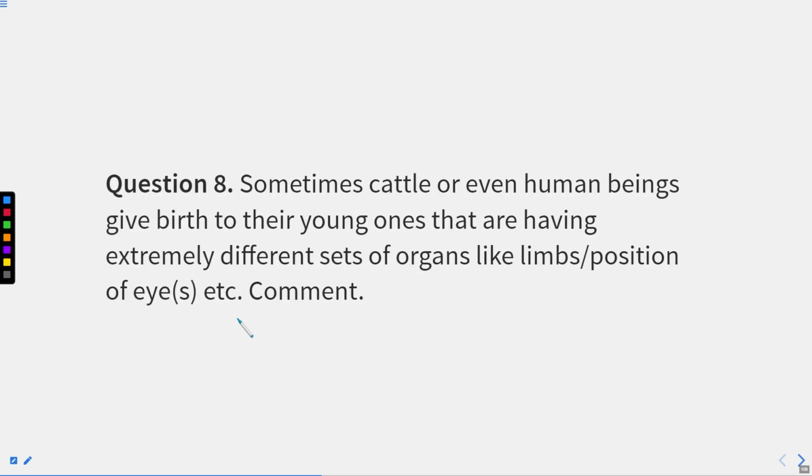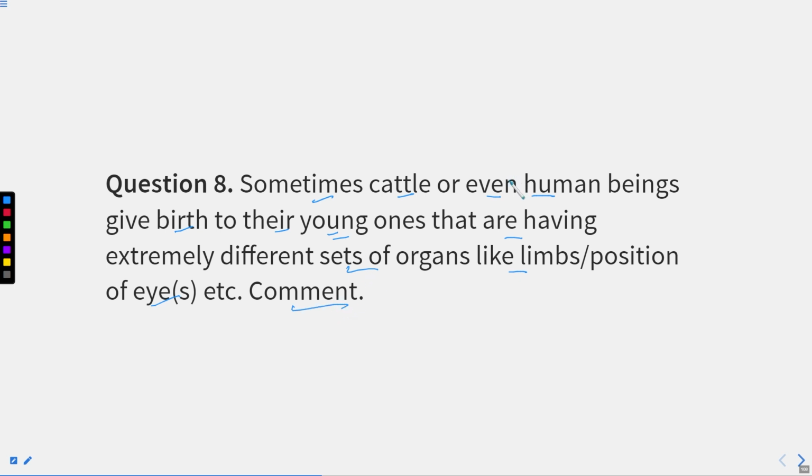Now coming to question number 8. Sometimes cattle or even human beings give birth to young ones that have extremely different sets of organs, like limbs, and the position of the eye is different. You have to comment on what is the reason for that.